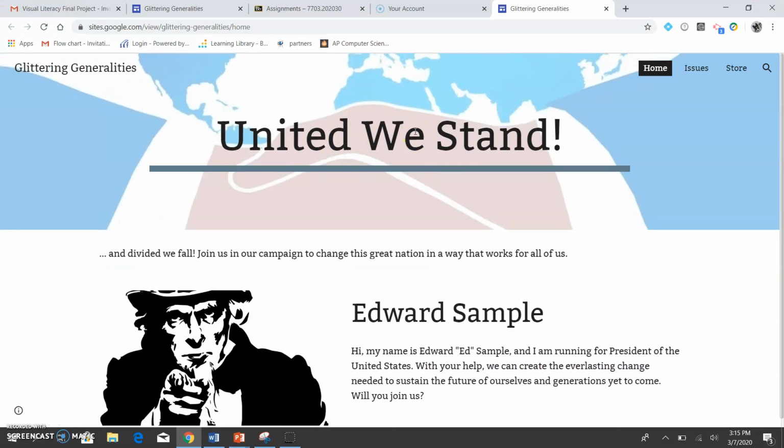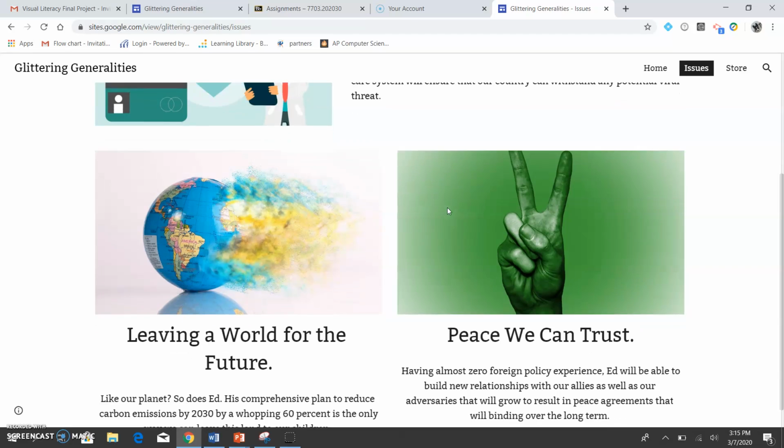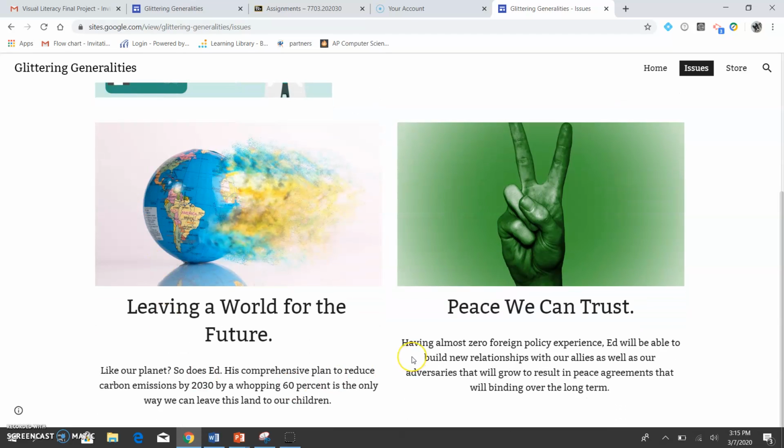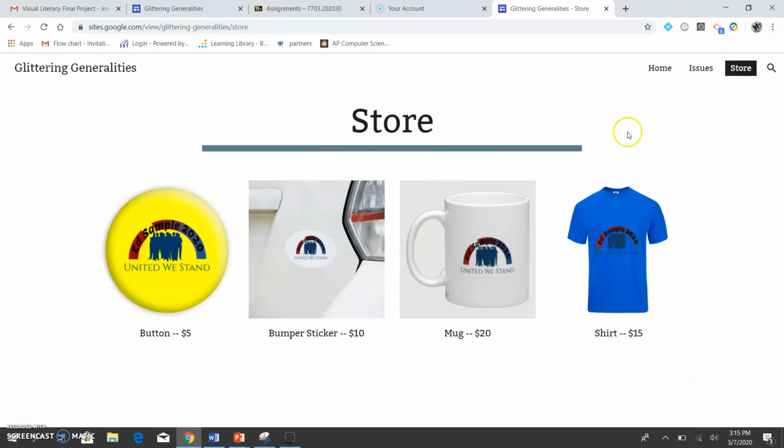So you can see here's the first page of the website. This is just kind of introducing the candidate's name, his little slogan that he has, as well as a little call to action, join this candidate. Okay, there's an issues tab here, so you can see where they will stand on specific issues, as well as if we go to the store.